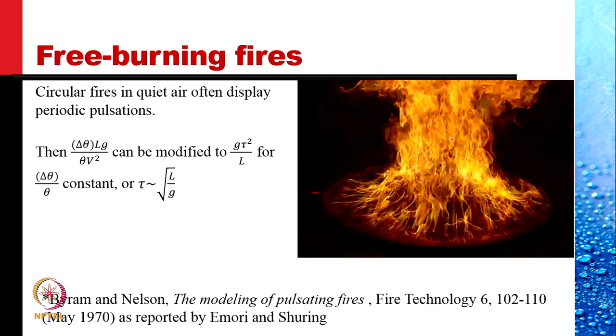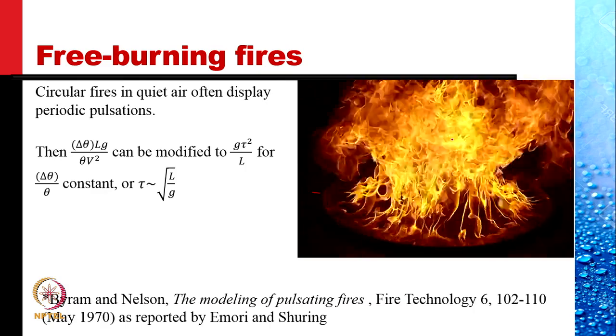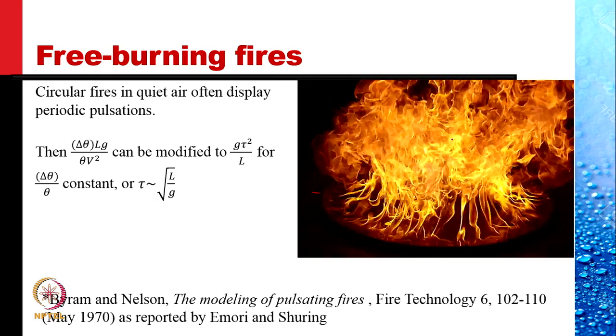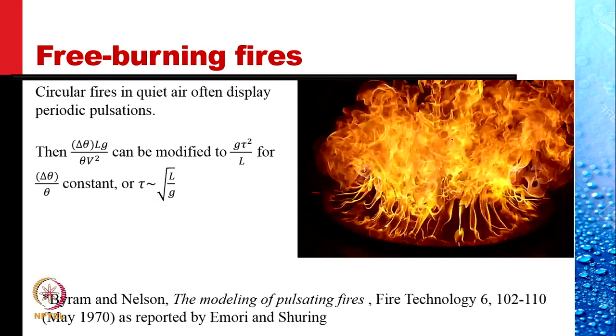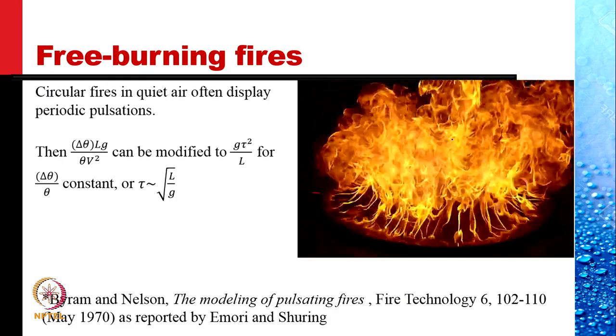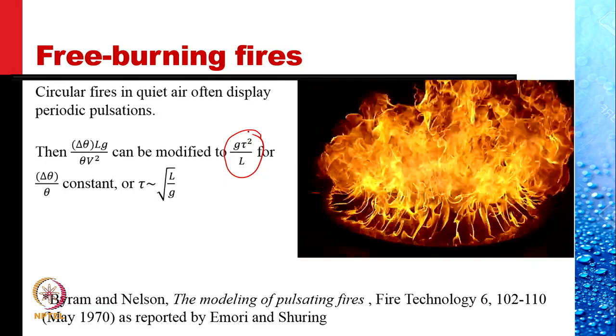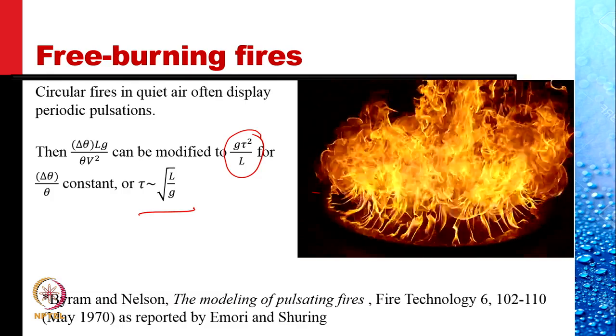Now, if we do experiments in which we have kept delta theta by theta constant, then Lg by V square is a constant, and V square can be written as L square by tau square, where tau is the characteristic time. So that for constant delta theta by theta, this value of Richardson number reduces to g tau square by L as a constant between similar fires. Or that is, the time period is like the square root of L by g.